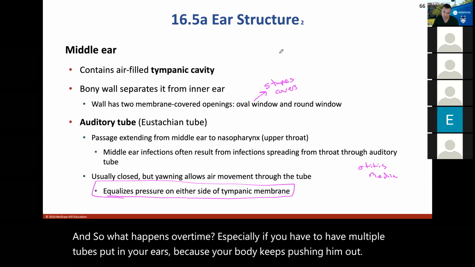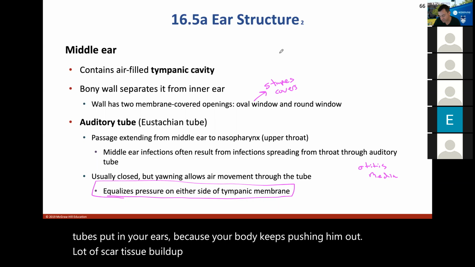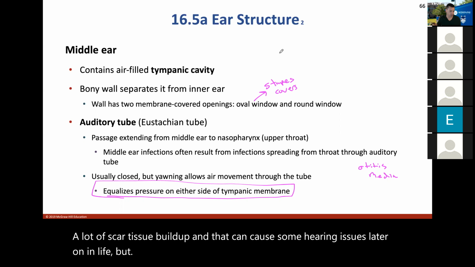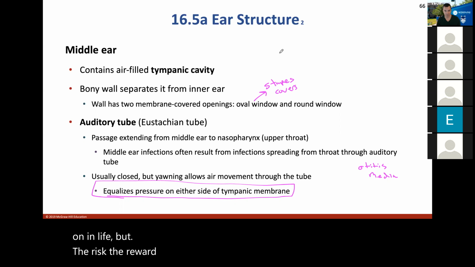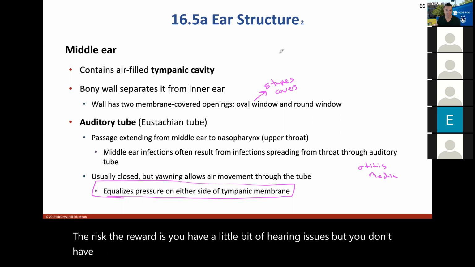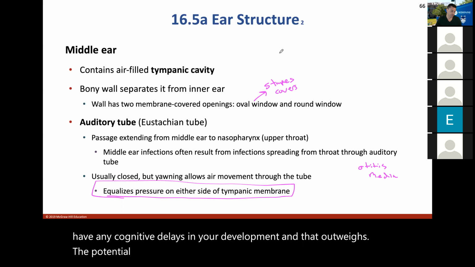A lot of scar tissue buildup. And that can cause some hearing issues later on in life. But the reward is, you might have a little bit of hearing issues, but you don't have any cognitive delays in your development. And that outweighs the potential for having hearing issues later on in life.